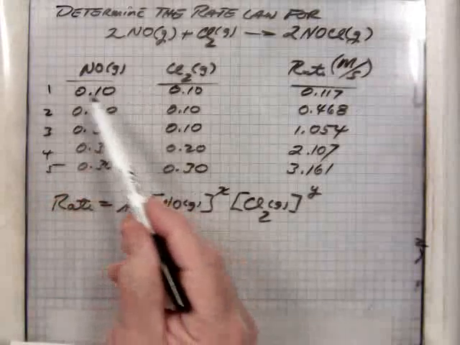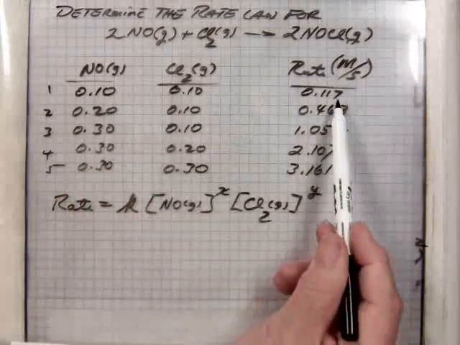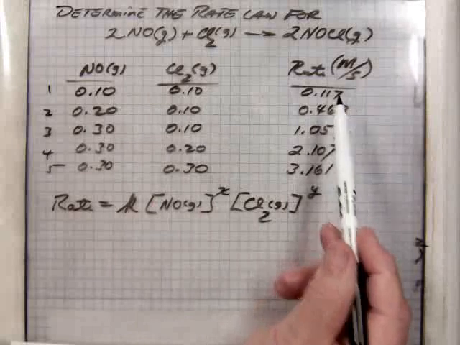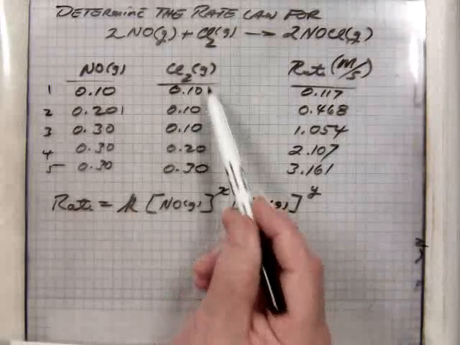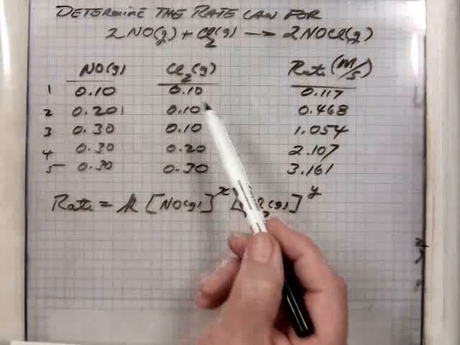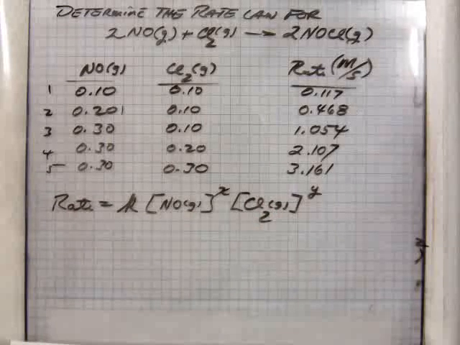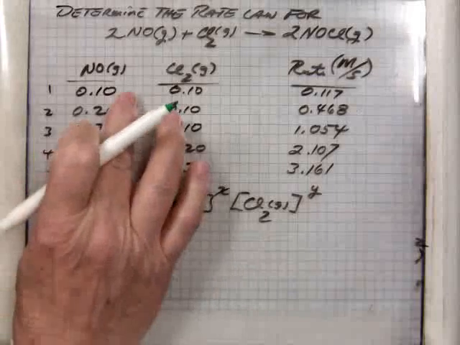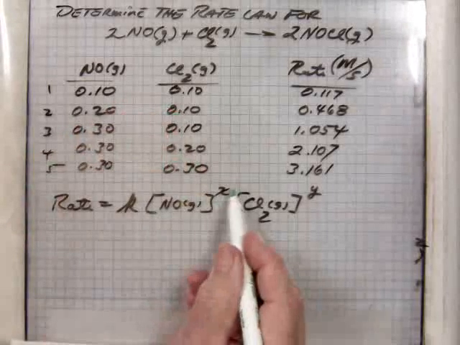In test 1, you mixed 0.1 and 0.1, and this was your reaction rate. And then you did test 2, you doubled the concentration, but notice chlorine did not double. So using the rule, hold one constant and double the other and see what happens is what the objective is in this type of problem. And then you can determine what the trend is and assign the exponential value here.